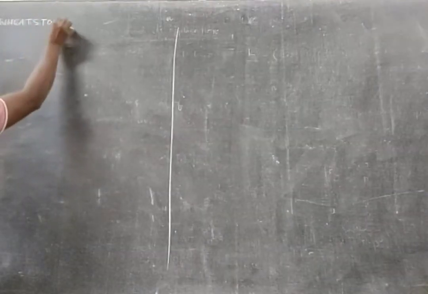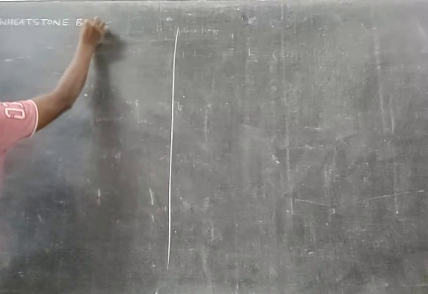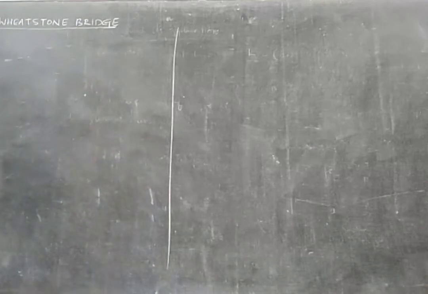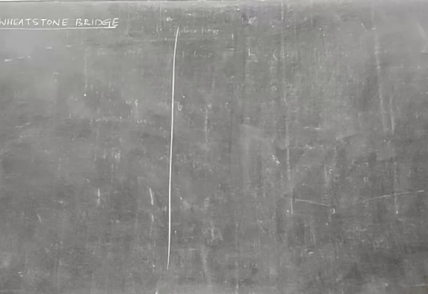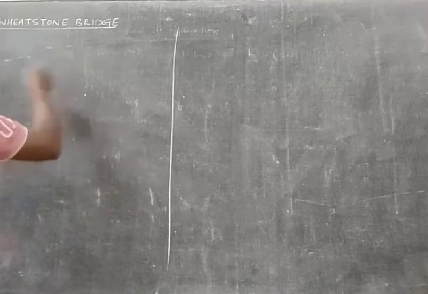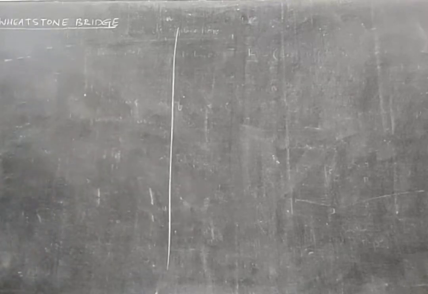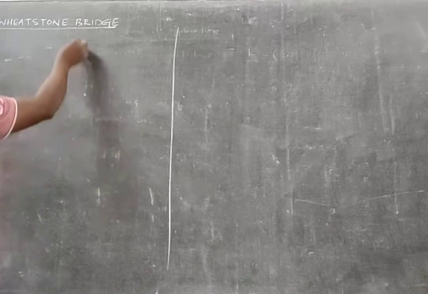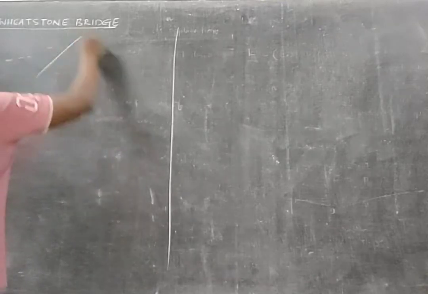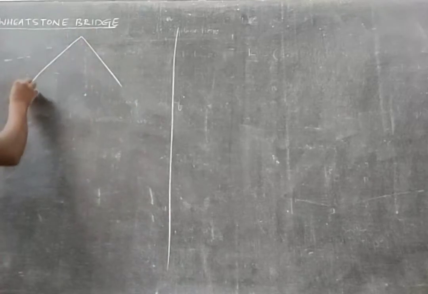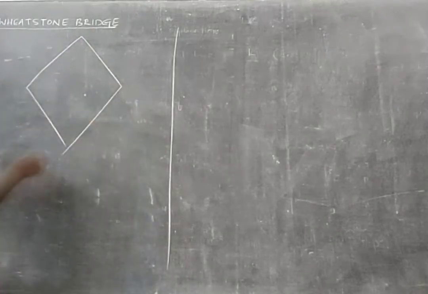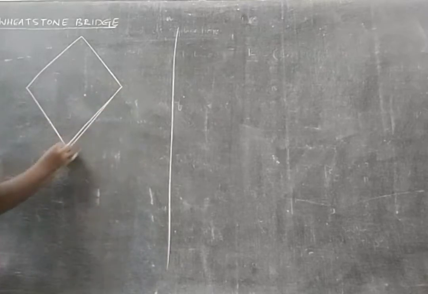Wheatstone bridge, which consists of four resistors connected in the shape of a rhombus, and a galvanometer is connected as a bridge.